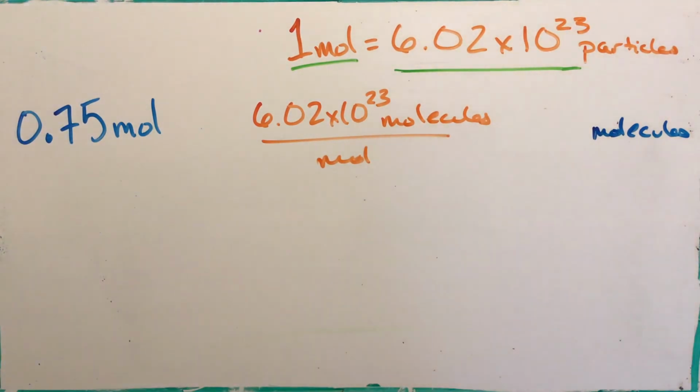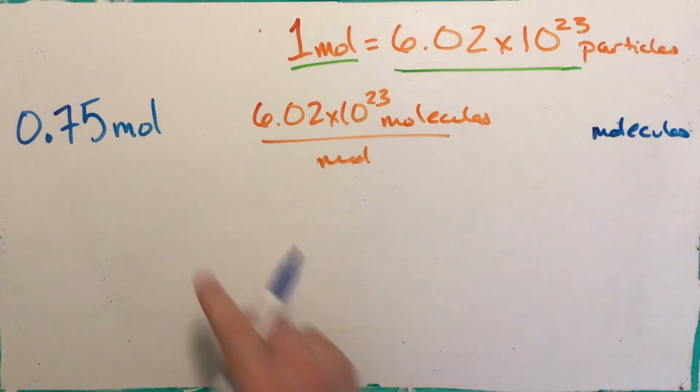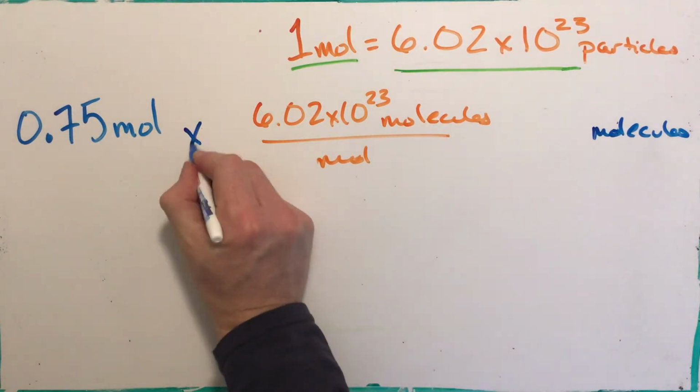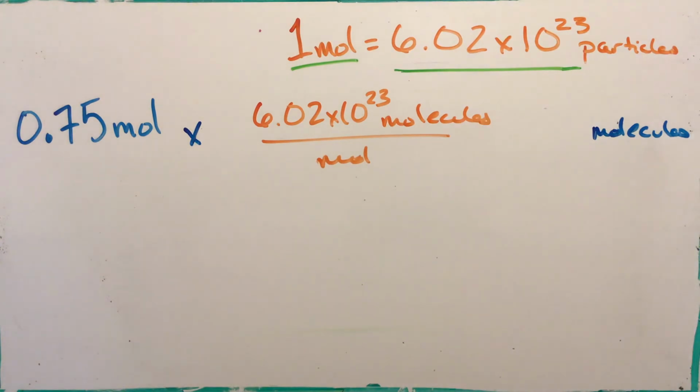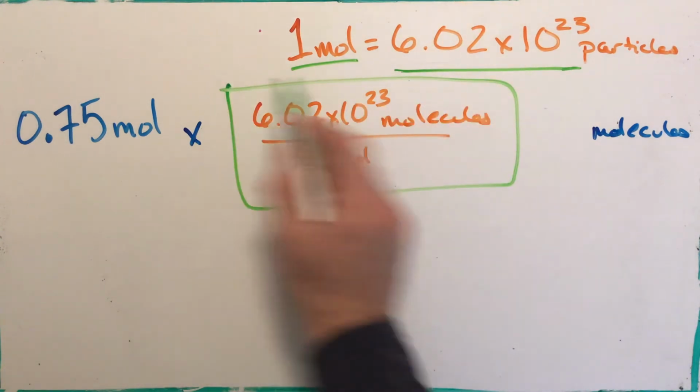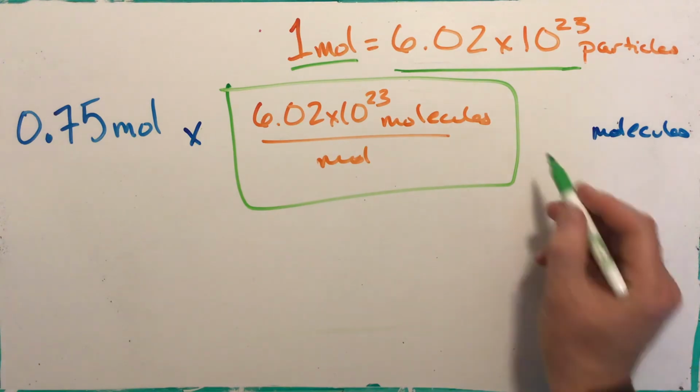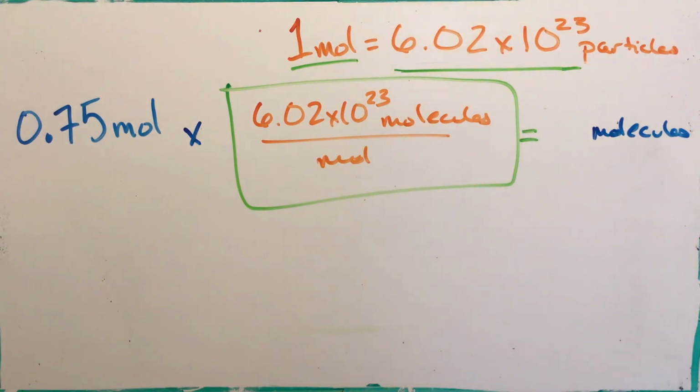Now I can remember my thing from before, and it's going to be multiply, or I can kind of cheat and use previous learning from math class. I have moles on top and moles on bottom. I know to get rid of that, I multiply. All right? So there's my conversion factor. It's this statement basically brought together here. And we'll see how much that is going to be.